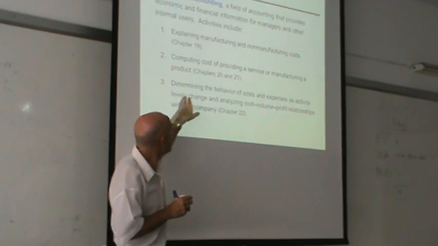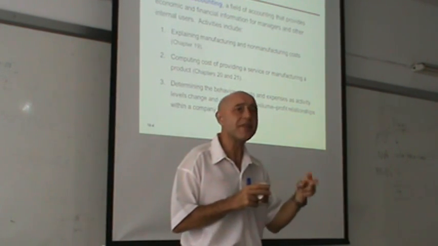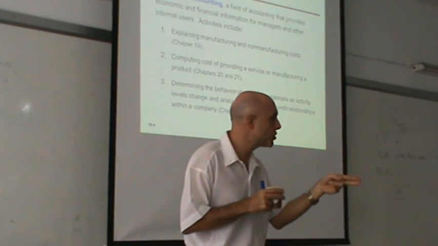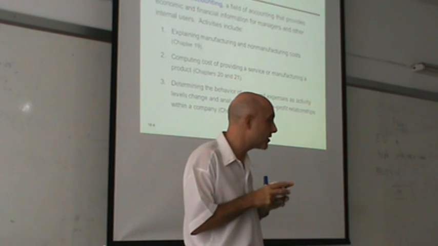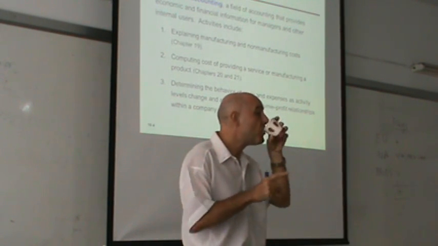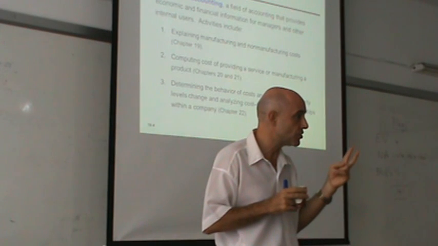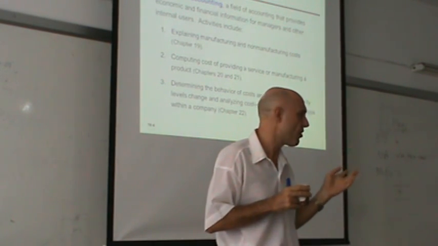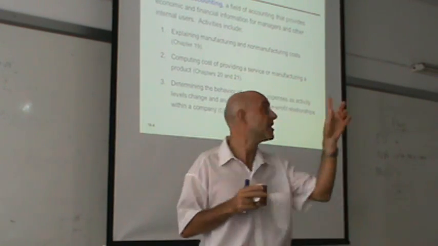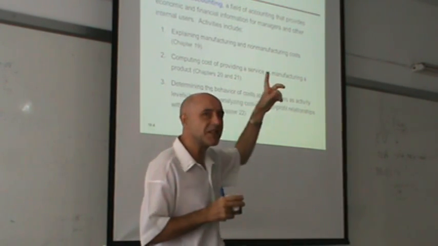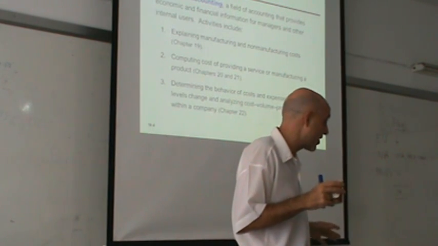Next, you want to know the behavior of costs. If we have 2 more students here in class, is it going to cost a lot more or not? No. It's the same salary, the same desk, the same electricity, the same camera, almost the same everything.